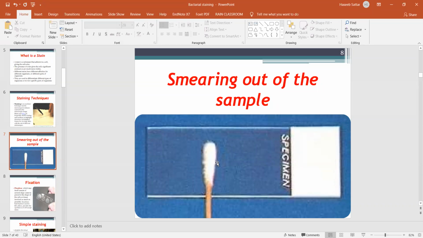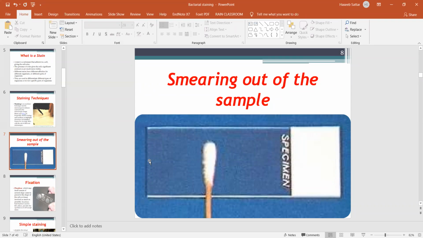This is what we call the smear. So we take a glass slide, and with the help of a cotton bud we take a sample and make a thin layer, a thin film, of the sample on the glass slide. This is the first step of almost all types of staining.